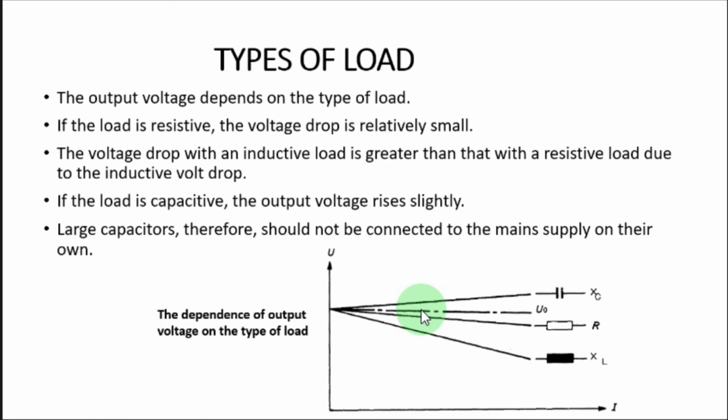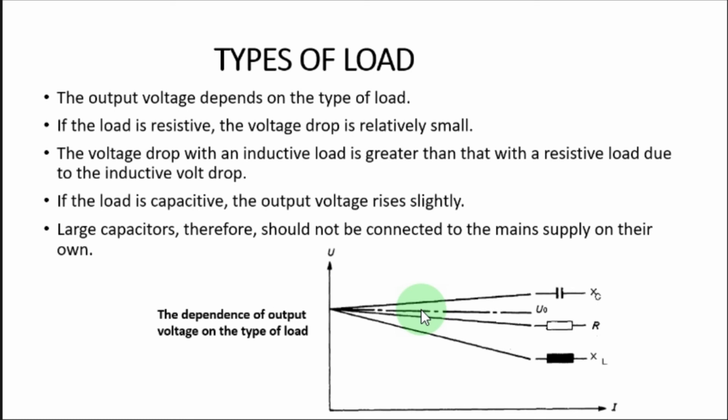So from open circuit test we can find the core loss parameters, that is the resistive component which represents the eddy current loss and hysteresis loss, and the inductive component is representing the magnetizing current.